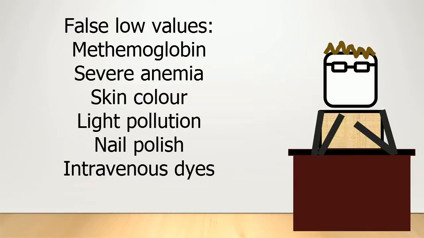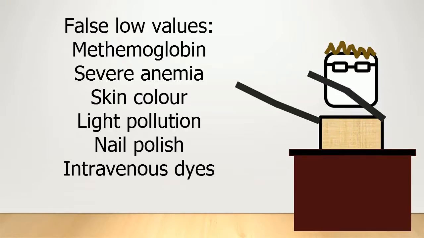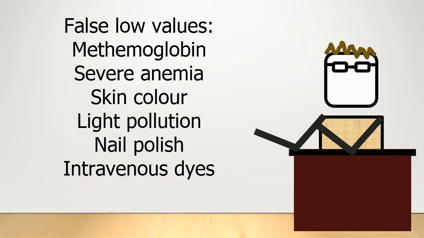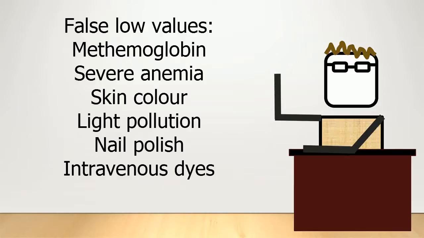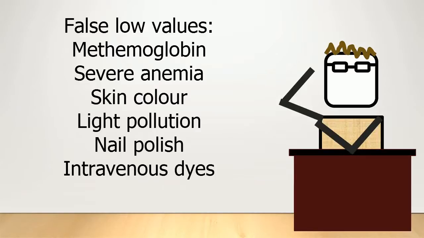You should recall this from the oxygen dissociation curve. The vast majority of hospital arterial blood gas machines are able to measure methemoglobin levels, so the diagnosis is usually pretty easy when you get a simple arterial blood gas.